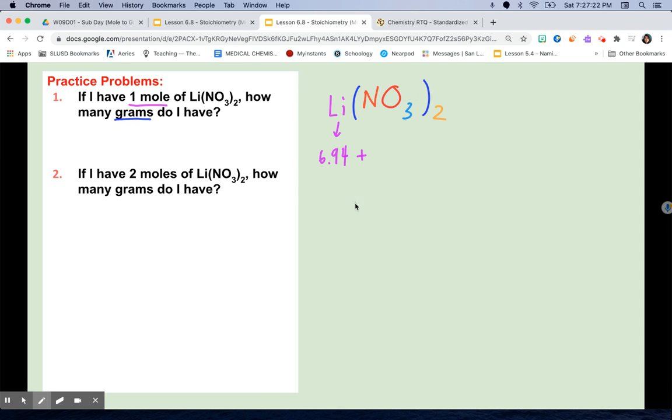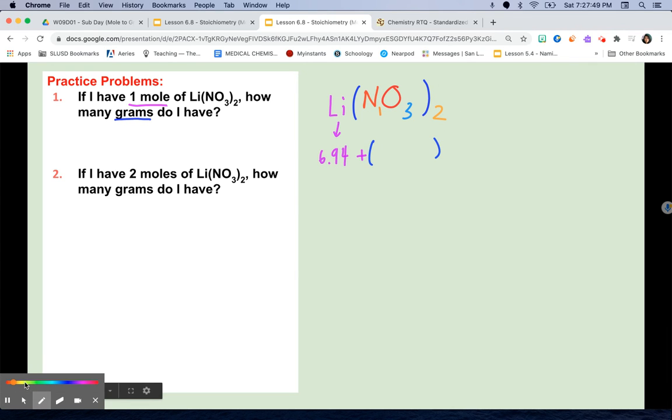plus how many N's do we have? Well, here's the tricky thing. N is going to go in here. Notice the subscript for N, there's no number, so technically I only have one N. But remember the 2 outside of the parentheses means I have 2 of these NO3 things.